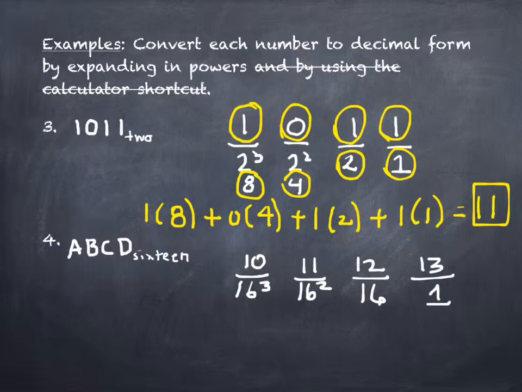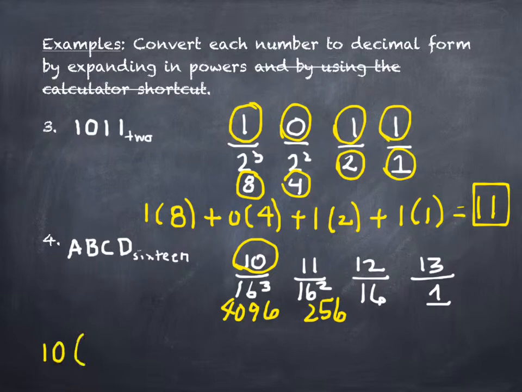You don't know it in your head? Oh, somebody had one. Okay, what was it, Tyler? 4,096. Okay, how about 16 squared? 256. Okie dokie. So I take the value in the place, which is 10, times the place value, which is 4096.